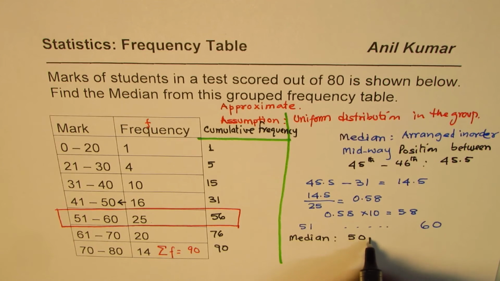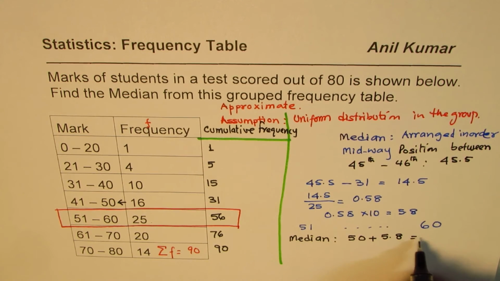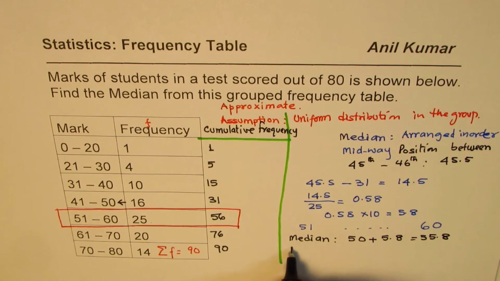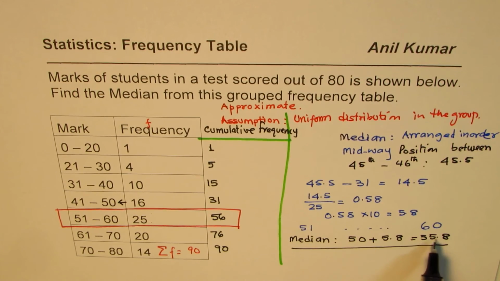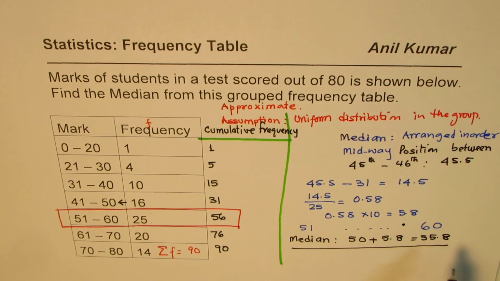So it is 50 plus 5.8, and that gives us 55.8 as the median. You can see very clearly 55.8 is kind of close to 60.